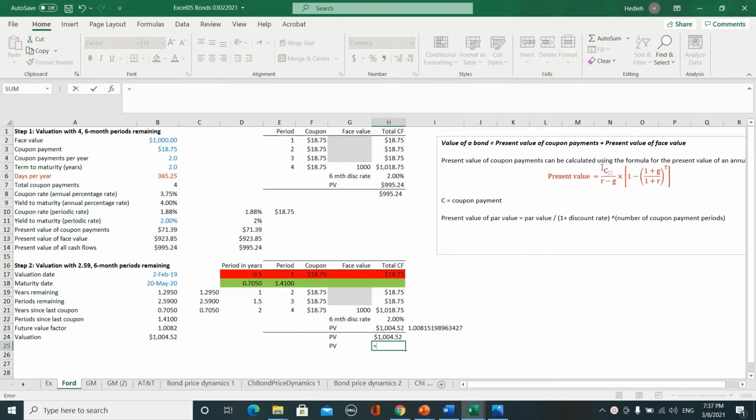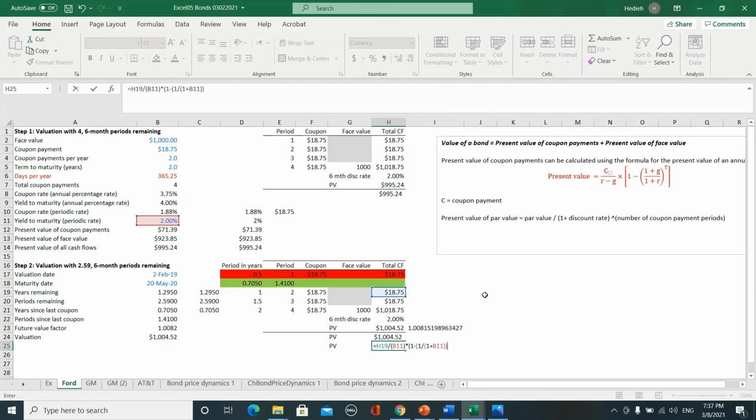So your coupon payment is $18.75. You divide it by your discount rate, which is 2% for each 6-month period. You don't have a growth rate. And then you multiply this by 1 minus 1 divided by 1 plus your discount rate, which is 2% again.